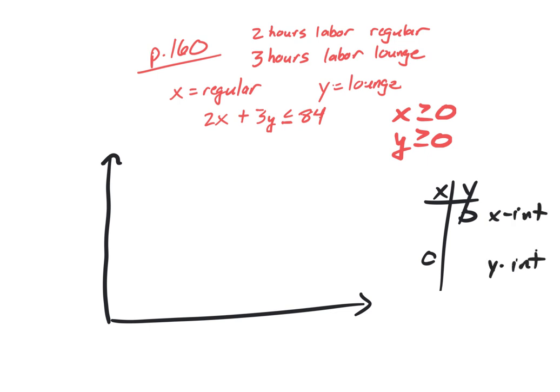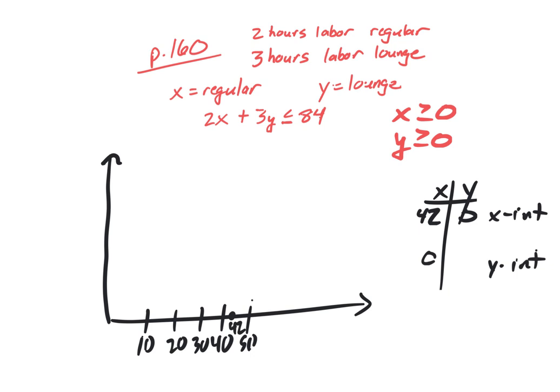So if I plug 0 in for y, cover it up, 2x equals 84. 84 divided by 2 would be 42. I'm going to count by tens. And so 42 is going to be somewhere between 40 and 50.